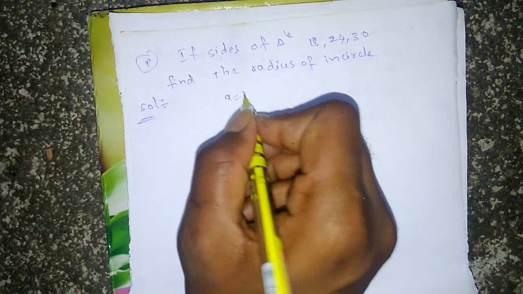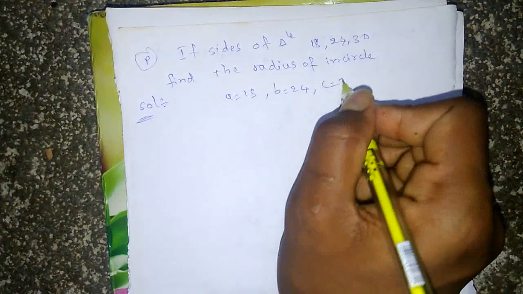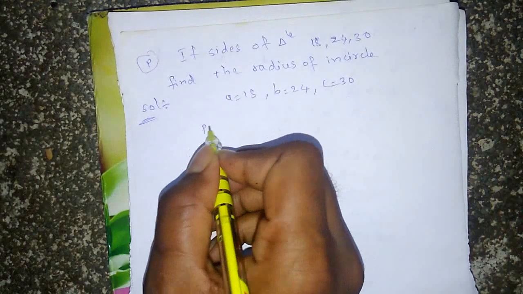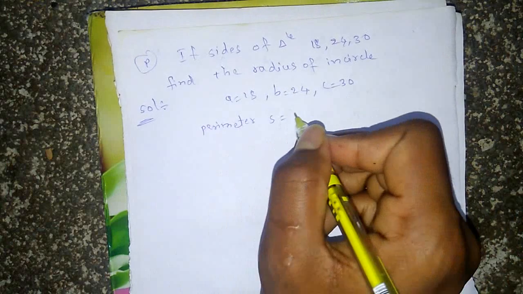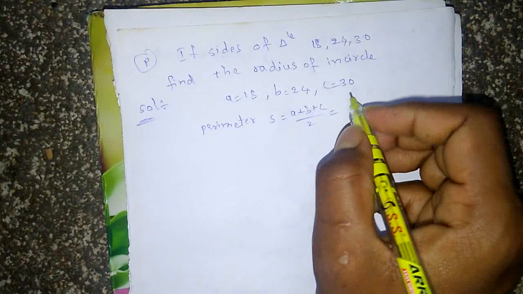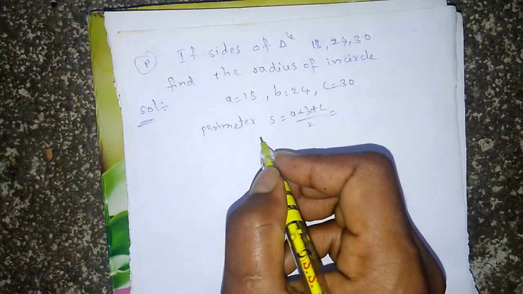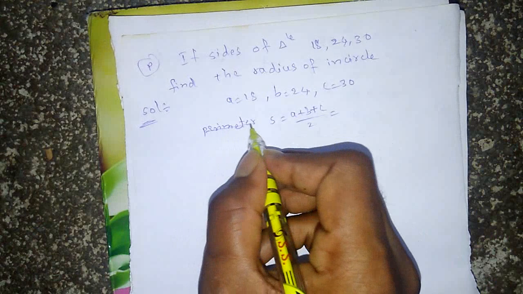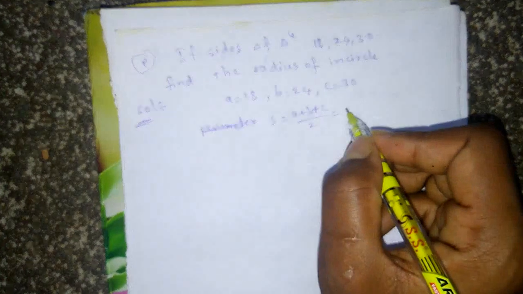So here given A is equal to 18, B is equal to 24, C is equal to 30. Next, S is equal to A plus B plus C by 2. Actually perimeter is 2S. This is not perimeter. This is S, half of the perimeter.